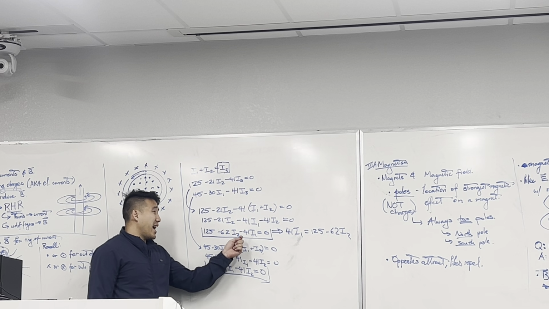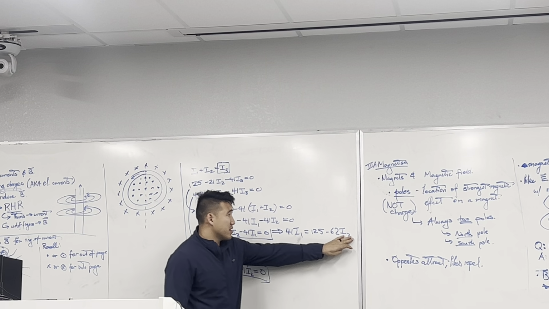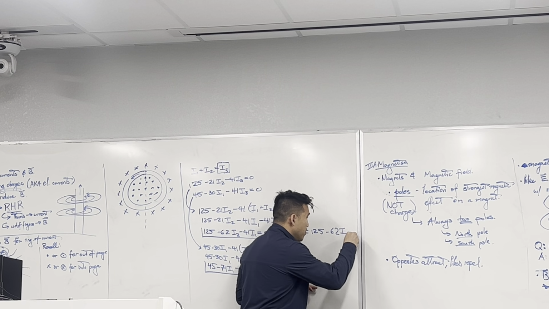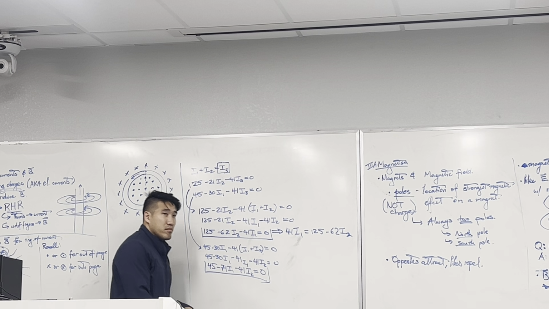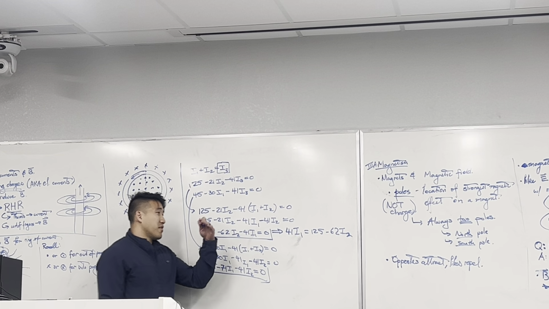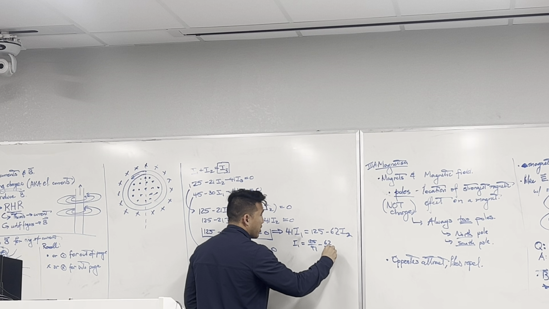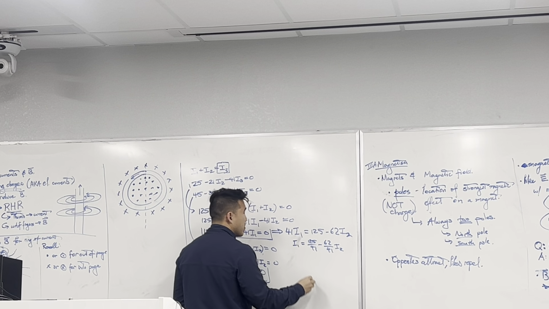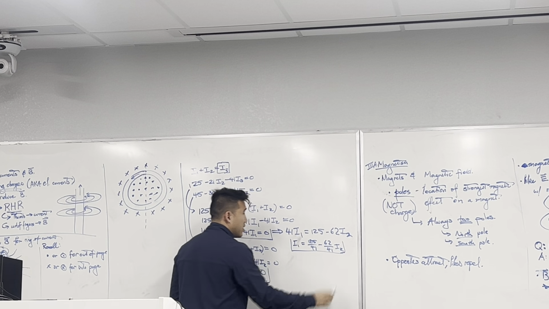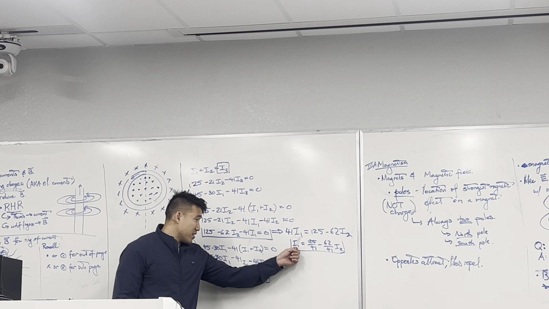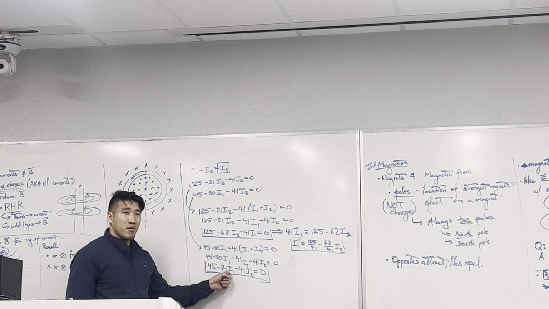All I did was add 41 I1 to both sides. And then I would divide everything by 41, so you get I1 is equal to 125 over 41 minus 62 over 41 I2. This, you would plug into this I1 here.